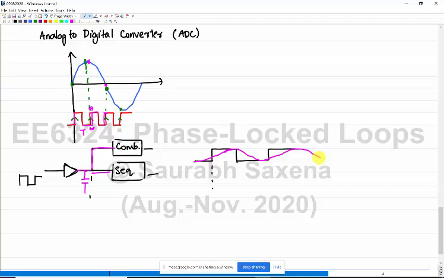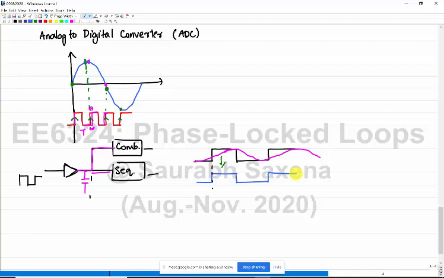So this is where your clock may come in the picture, where you may clean this up and bring it back to the same square wave signal. This job is also done by clock generators in case of digital circuits.